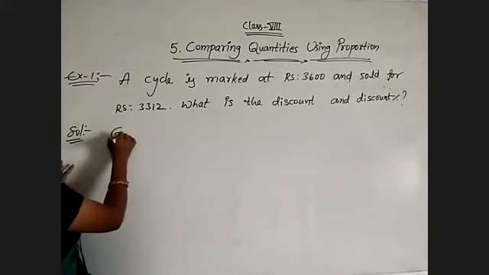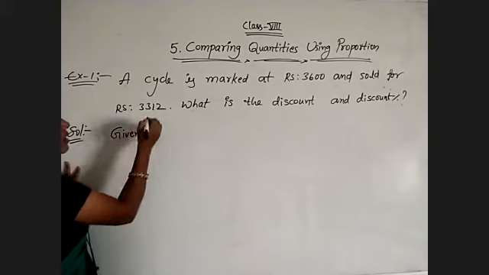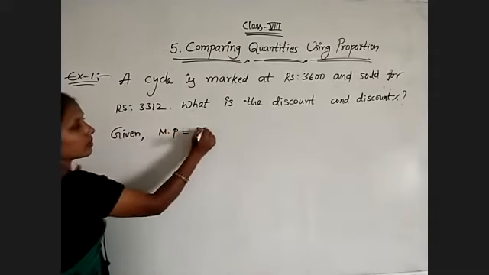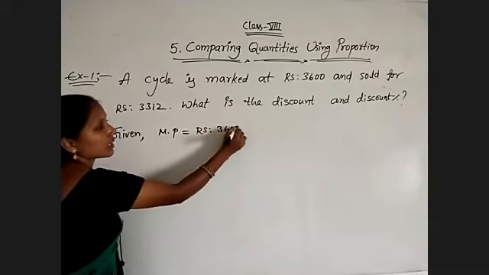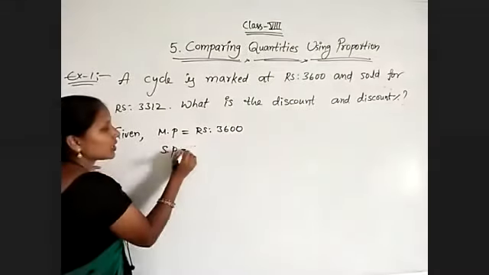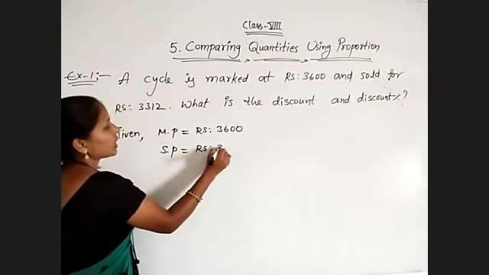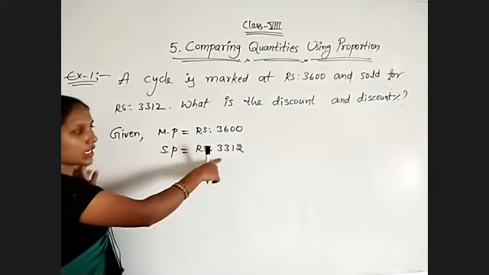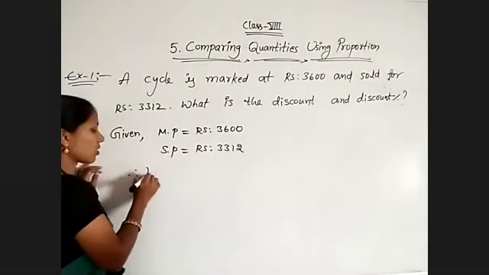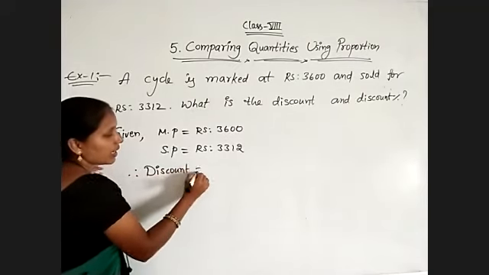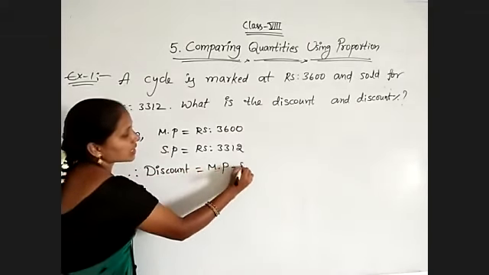So given for this question, MP of the cycle is equal to 3,600, and sold it for 3,312. That means SP of the cycle is equal to 3,312. Therefore, discount is equal to MP minus SP.